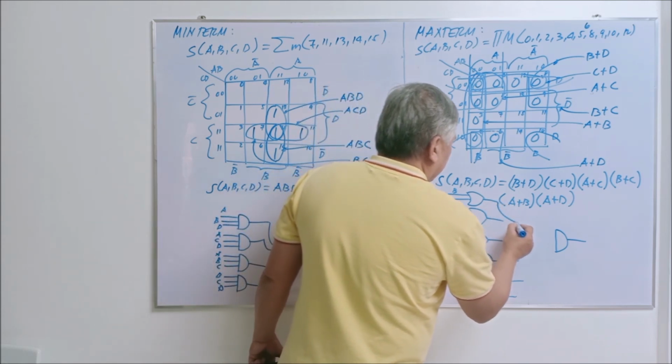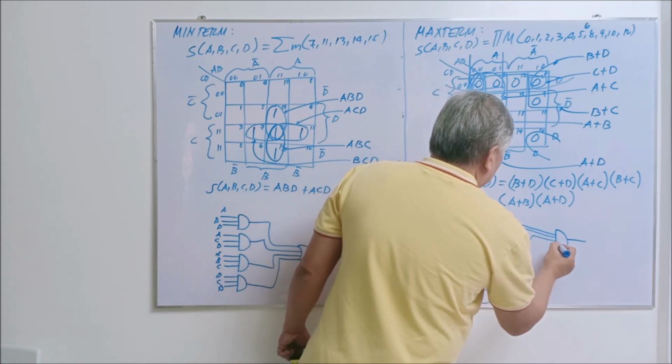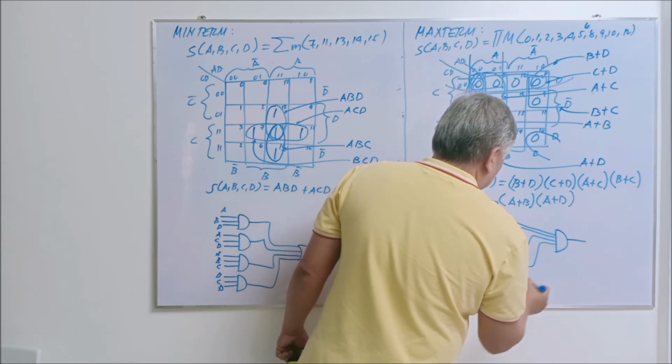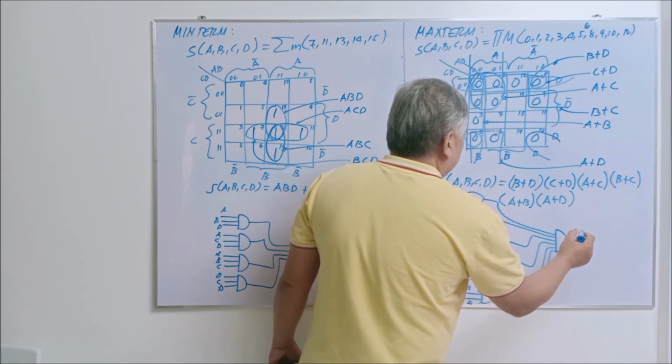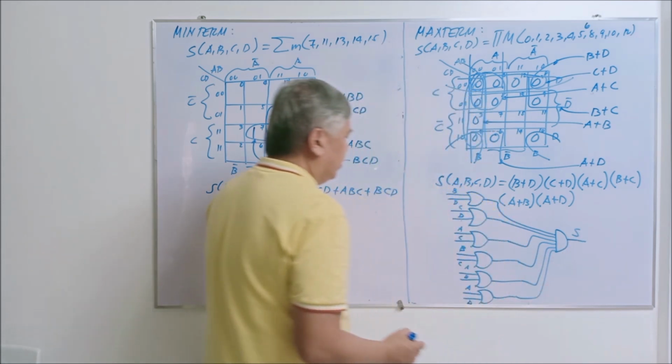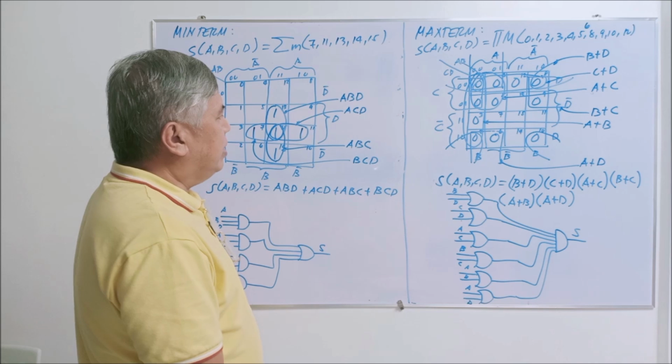Then, we multiply them together using AND gate. This will be your S as a function of A, B, C, and D.